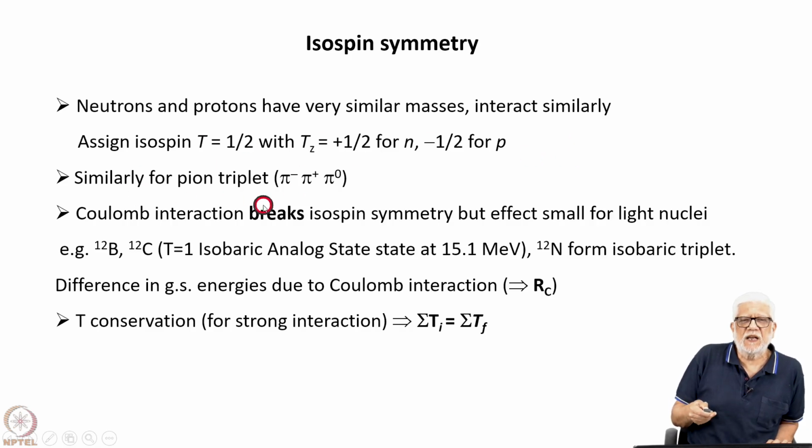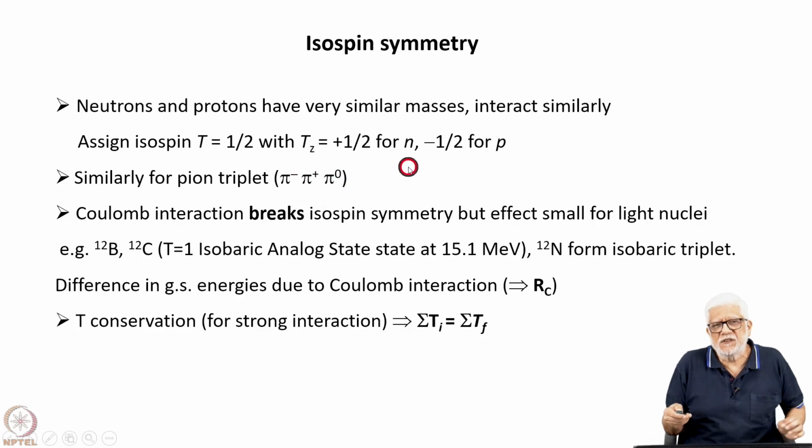Similarly, you can assign isospin to the pions, and since there is a triplet, you have to give an isospin quantum number of 1, and Tz equal to plus 1 for, let us say, the pi plus, and Tz equal to minus 1 for pi minus. As I said, this is the convention used by nuclear physicists. Particle physicists use the opposite convention, where they put a minus half for the proton and plus half for the neutron.